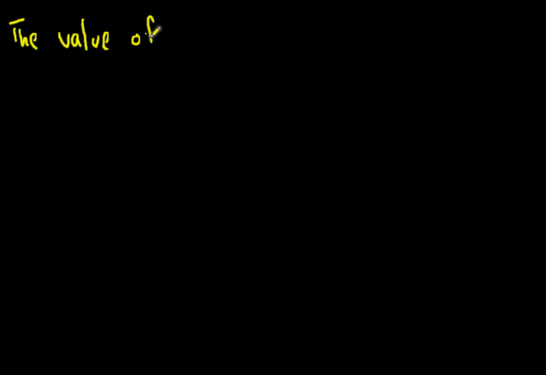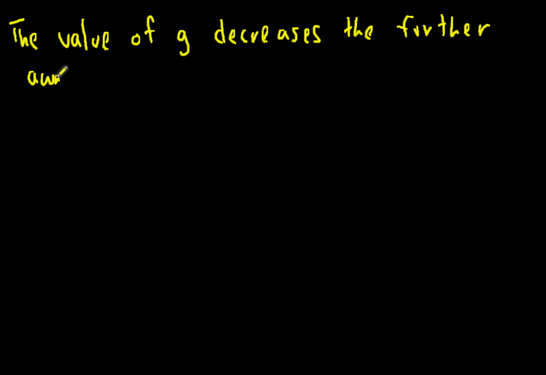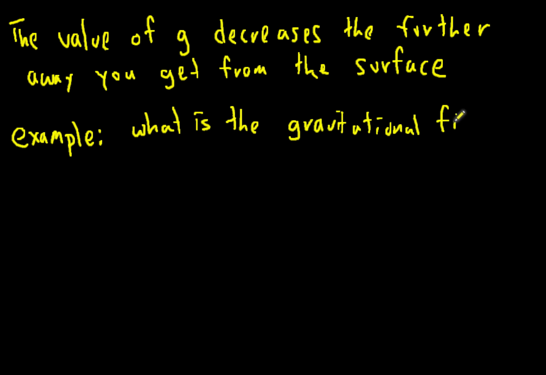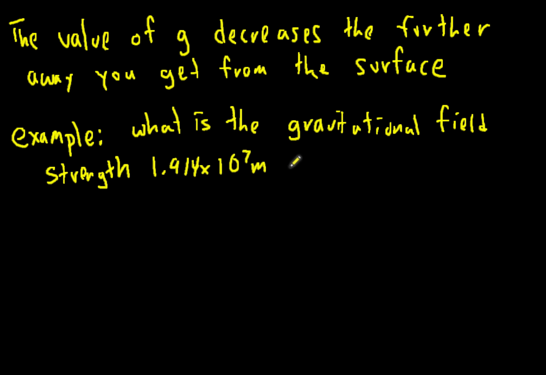The value of the gravitational field strength, small g, decreases the further away you get from the surface of the planet. For example, what is the gravitational field strength 1.914 times 10 to the 7 meters above the surface of the Earth?